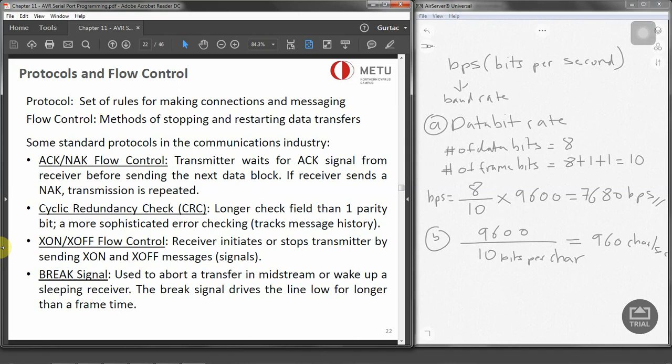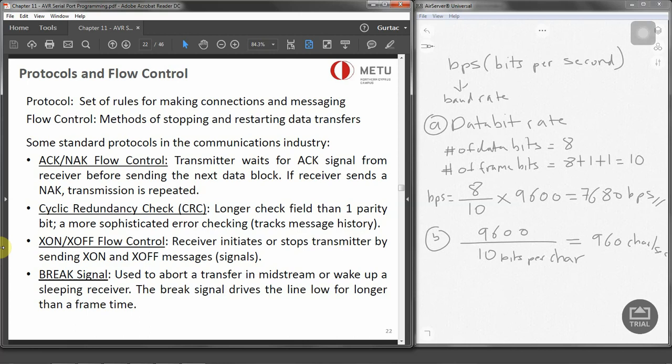The transmitter waits for acknowledgement from the receiver side before sending the next data, because you're transmitting and the receiver says, okay, I've got the right data, now I'm ready to receive the next block. That is an acknowledgement, and it can also be not acknowledged. If the receiver is receiving errored data, or something happened and it didn't receive the data, it sends a NAK.